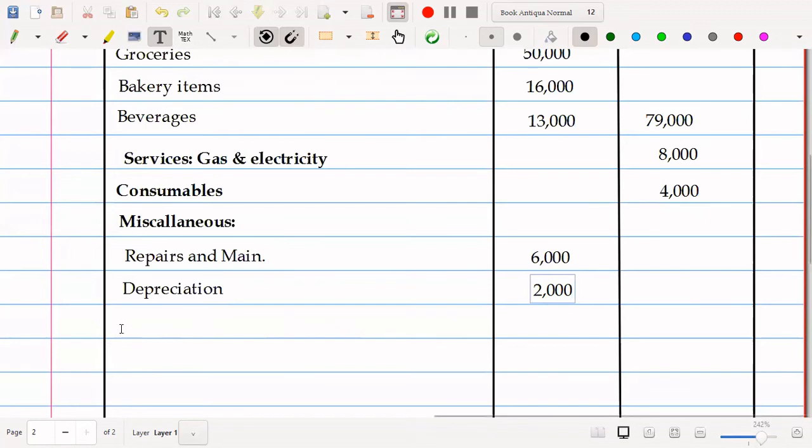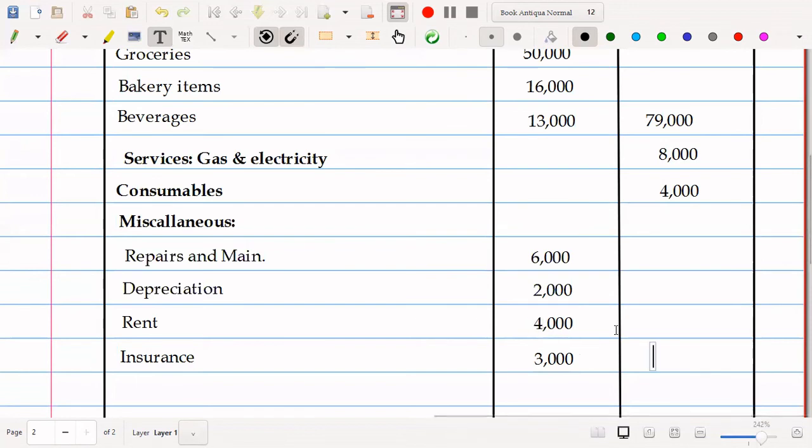Insurance is rupees 3,000, and rent is rupees 4,000. Okay. Now let's total all this.